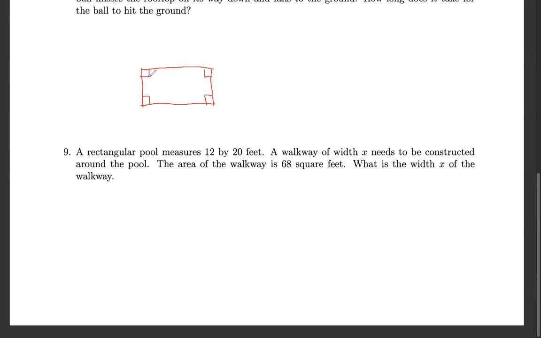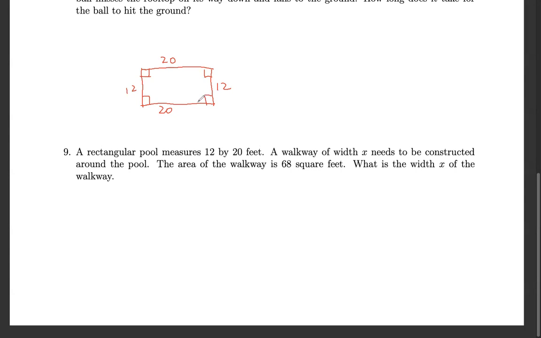In the classroom, the whiteboard is a rectangle, and my desks are rectangles. So this pool measures 12 by 20. In a rectangle, the opposite sides have the same size. So the length is 20, the width is 12.